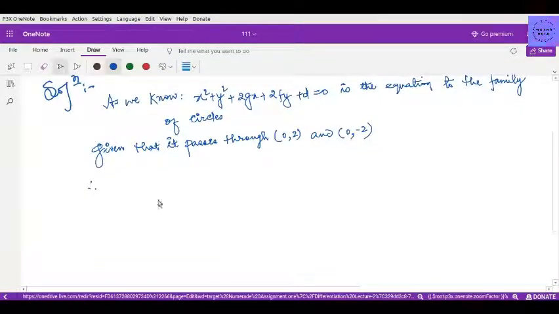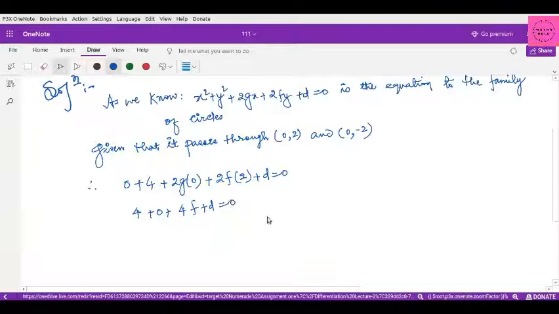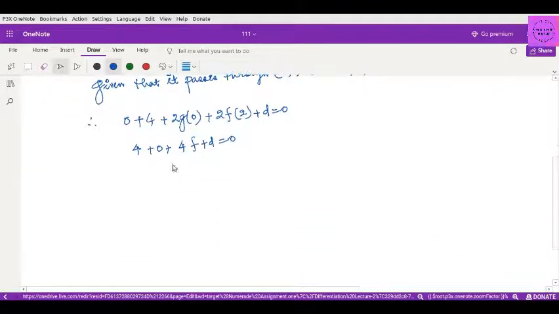Therefore, we have to satisfy these points with the above equation. It is 0 plus 4 plus 2g into 0 plus 2f into 2 plus d equals 0. Now it is 4 plus 0 plus 4f plus d equals 0. So we have further 4f plus d equals minus 4.